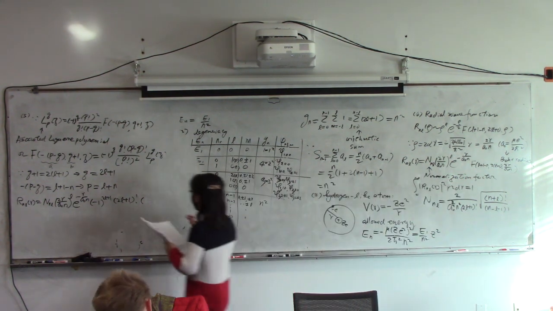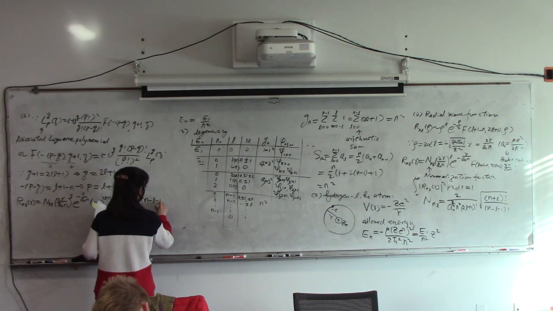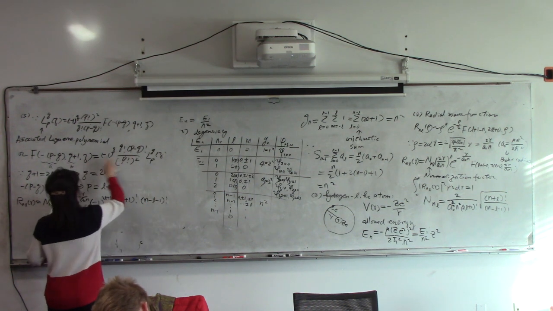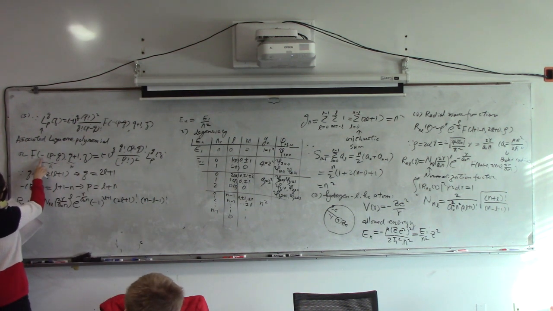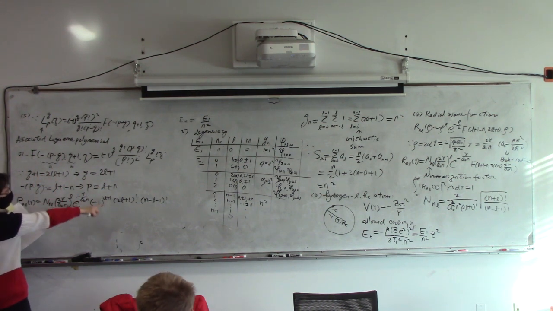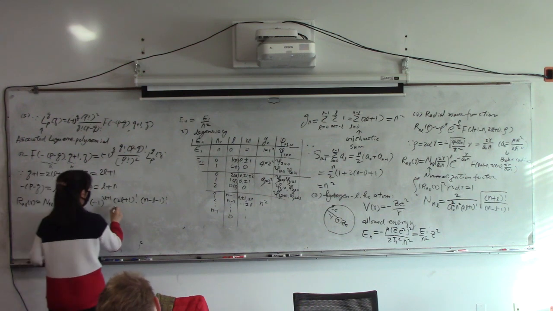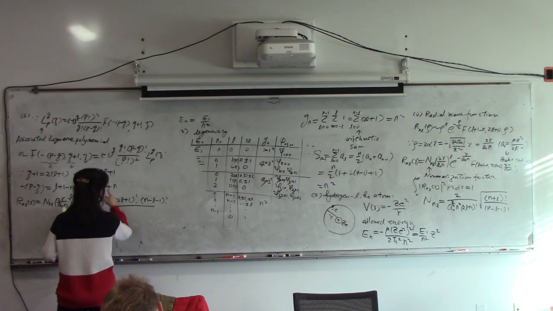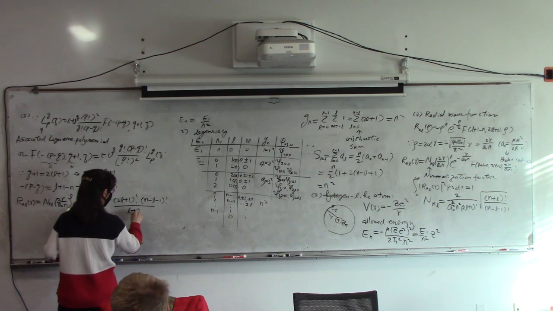So that is N minus L minus 1 factorial. That is this one, because p minus q is A, and A is L plus 1 minus N. Then the denominator p is this one, L plus N.